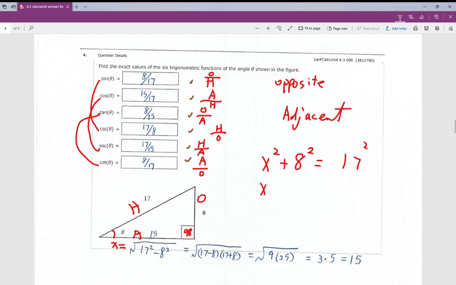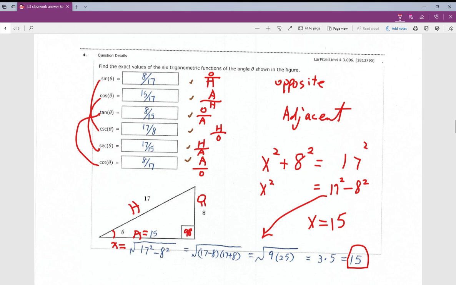By calculation, x squared equals 17 squared minus 8 squared. So x equals 15. So the adjacent equals 15 and the opposite equals 8.